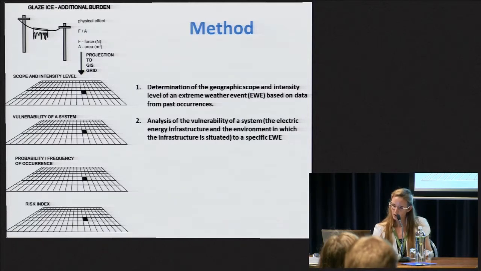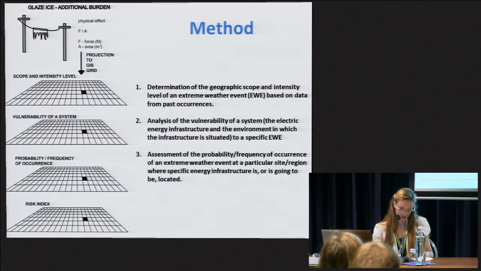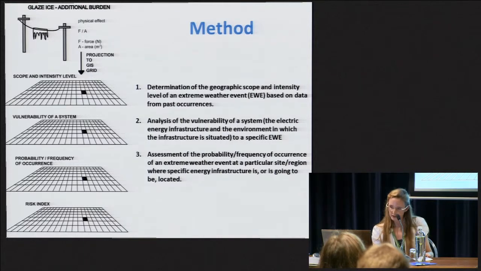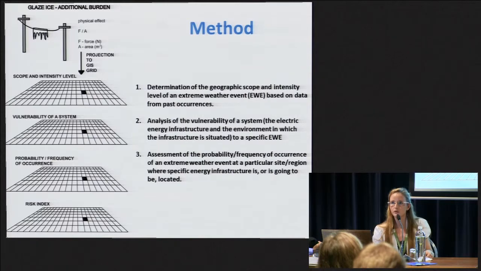The third step in our method is assessment of probability or frequency of occurrence of the event. The frequency is calculated based on historical data. Each event is then drawn on a map and evaluated as in step 1 on a scale from 1 to 4, where 1 means the lowest frequency and 4 the highest.